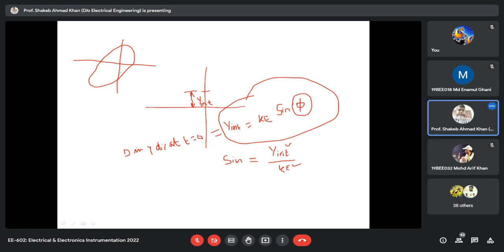If we look at the formula, we can write sin phi equals y int divided by y max, where y max, the maximum deflection Ke, is the maximum deflection in the y direction. अब ये पैटर्न आ गया, अब इसमें y int कहाँ से ढूंढेंगे? So obviously, I'll make another one.